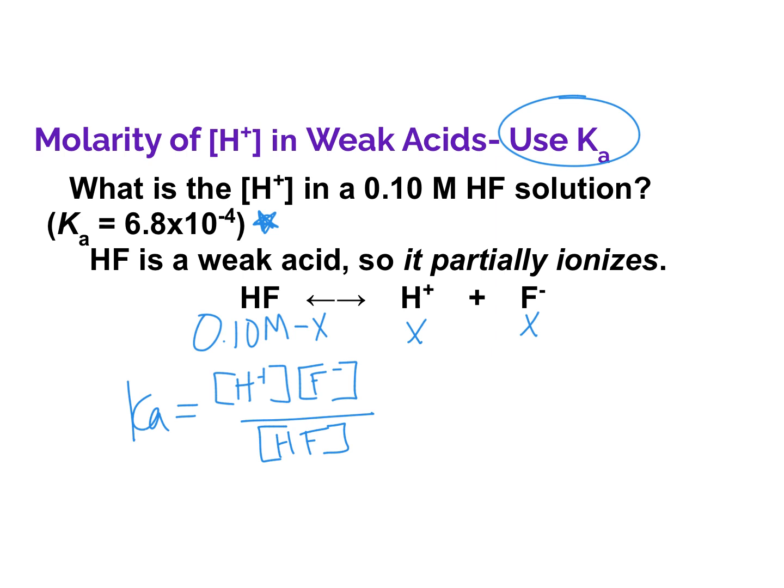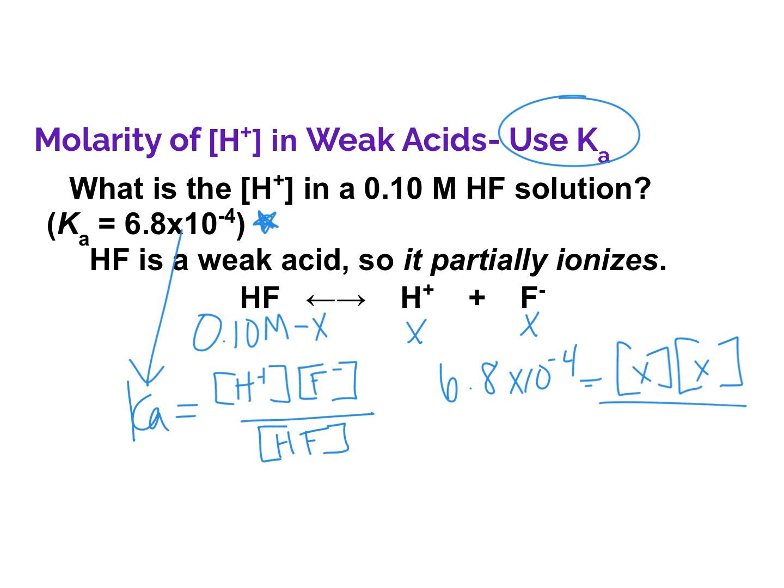Then we put the values we have. I told you the Ka, and I got that from a reference table. So 6.8 times 10 to the negative 4 is going to equal, we said that the H and the F were both X, so X times X, over the concentration of the HF, which is 0.10 minus X.